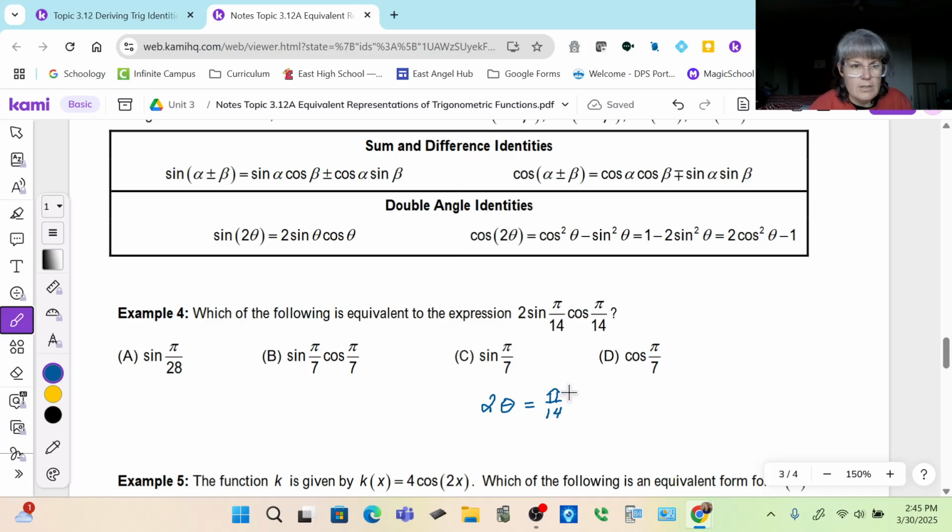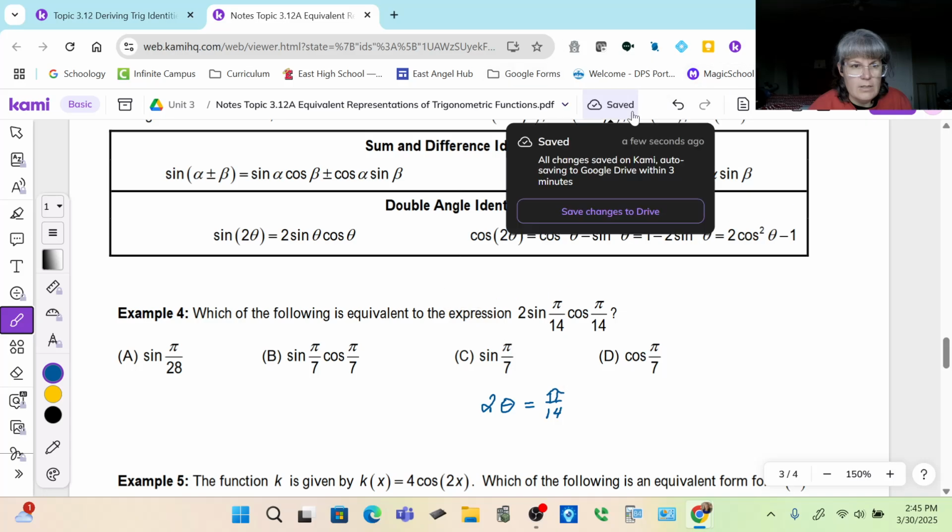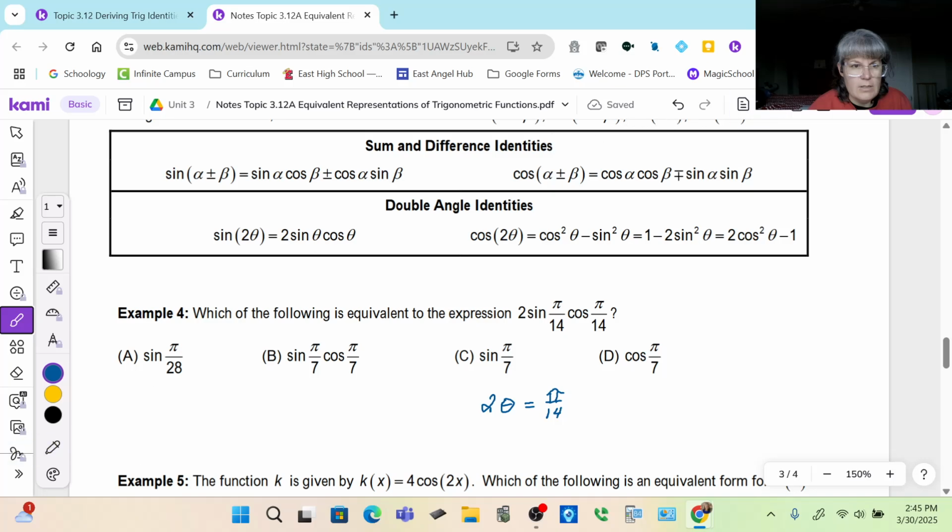I'm just double checking my notes so that I write this correctly for you here. And I did not write it correctly, so let's pause again. Let me erase this. I apologize if I'm causing any confusion, so we're going to start this over. My theta is pi over 14. As I look at my sine 2 theta, and it has 2 sine of theta, so my theta is the pi over 14.